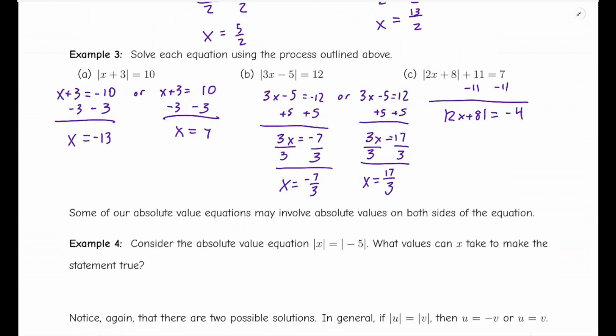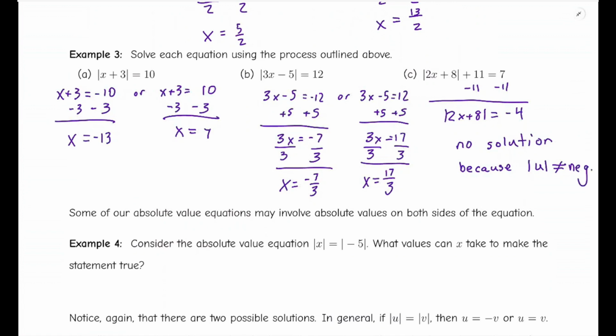Even though we can get negative answers like we did in part A and part B, when you plug those negative numbers in, they become positive. But an absolute value can never equal a negative number. So there is no solution here, because an absolute value of u is never equal to a negative number.